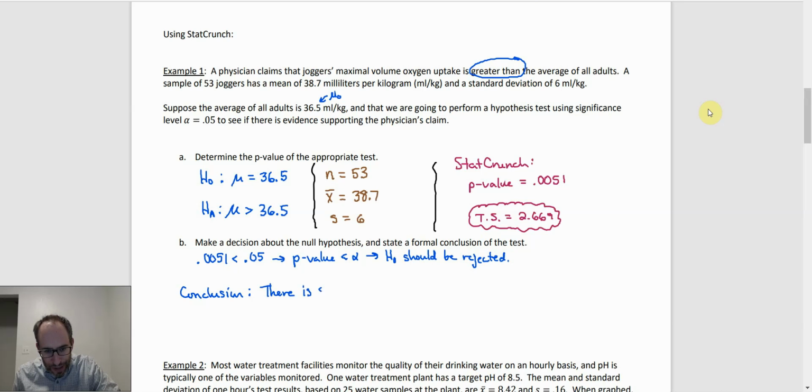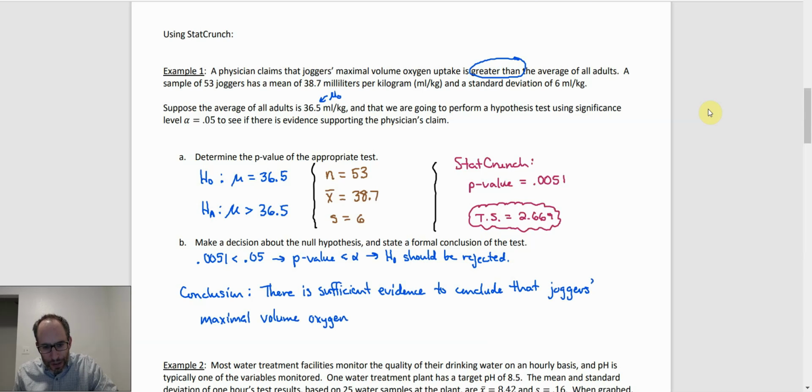So we'll say that there is sufficient evidence to conclude that, and most of it is actually in the very first sentence up toward the top, and I'm going to just basically copy that over, that joggers' maximal oxygen uptake is greater than the average of all adults.